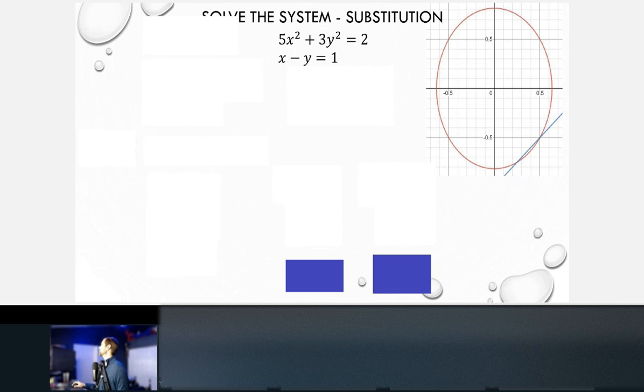I'm closing some windows I have open still. Okay, we solve for x. So x equals y plus 1, and then what? Isaiah, you could also solve for y. It doesn't matter. Then we're going to plug that into the first equation.